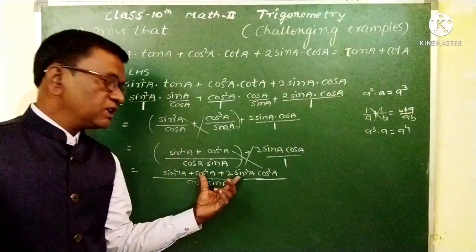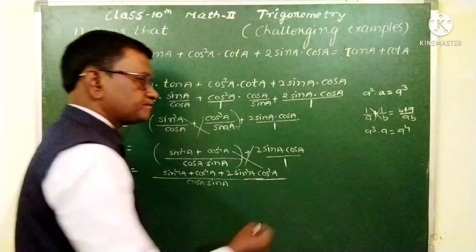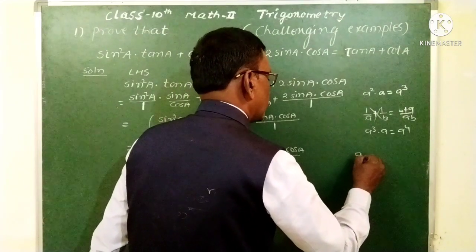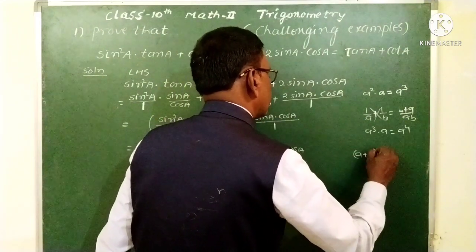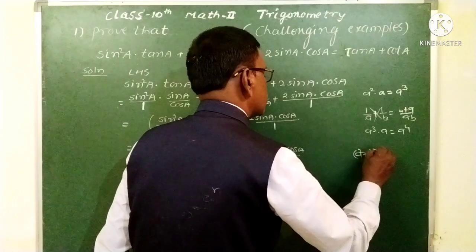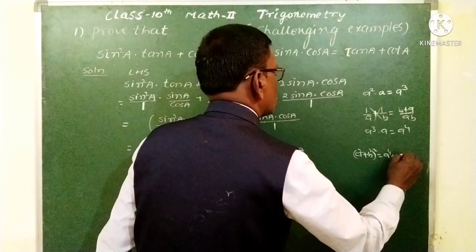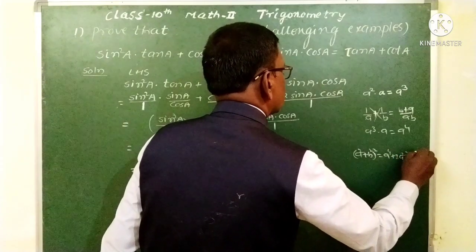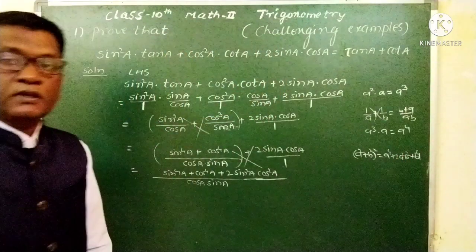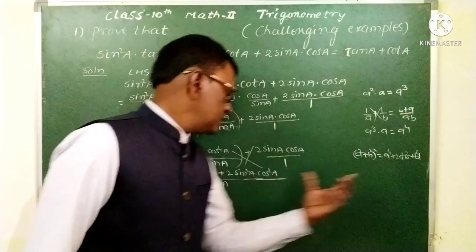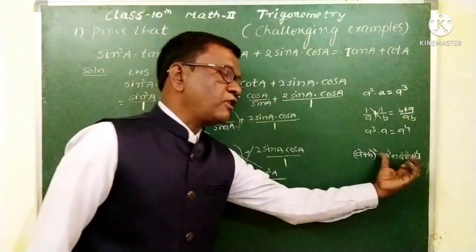This is the expression in the form a plus b bracket square is equal to a square plus b square, bracket square is equal to a4 plus 2a square b square plus b4. This expression is in this form.